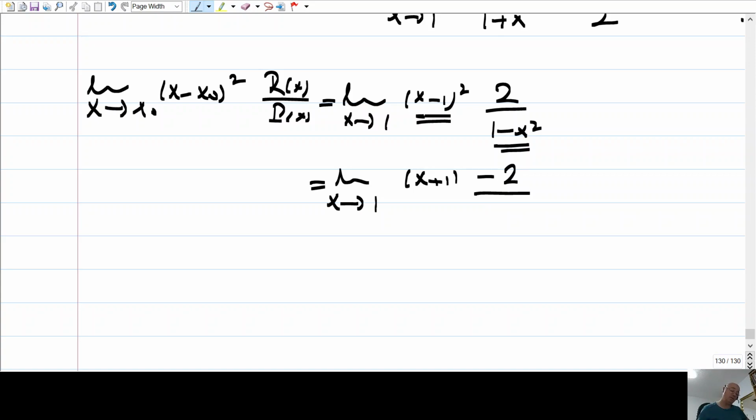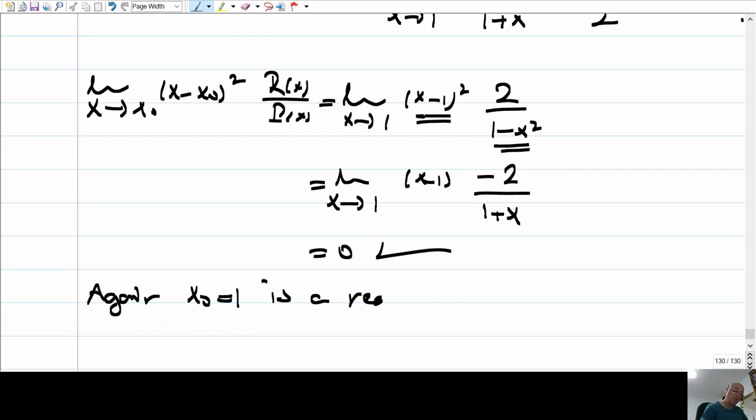So I have this, but x is going to 1, so this is just 0. Hence, again, x0 equals 1 is a regular singular point.